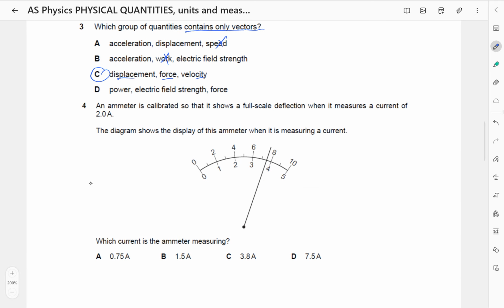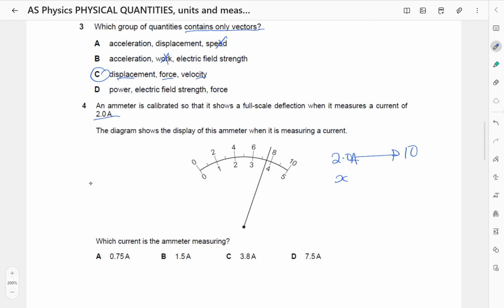An ammeter is calibrated so that it shows a full-scale deflection when it measures a current of 2.0 amperes. So I'll use simple mathematics here. 2.0 gives a full scale, so that means it will show 10 when the current is 2.0 amperes. The diagram shows the display of this ammeter when it is measuring the current. Now, which current is the ammeter reading?